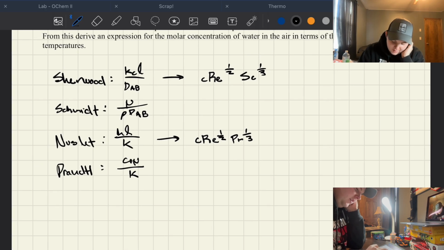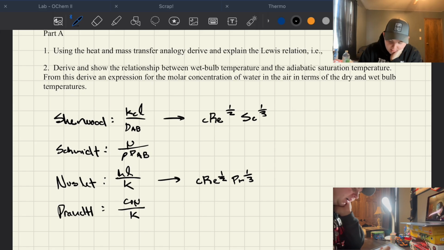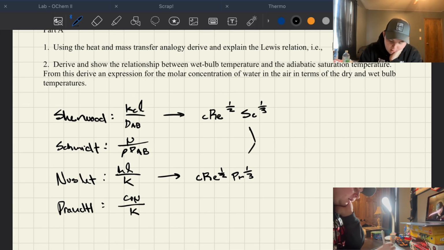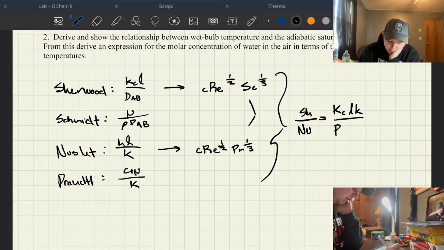When we combine these terms, we can get Sh over Nu, which is going to be equal to kc times L times k over D_AB times h times L.